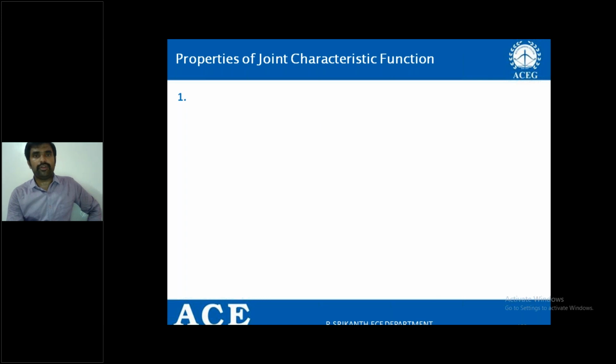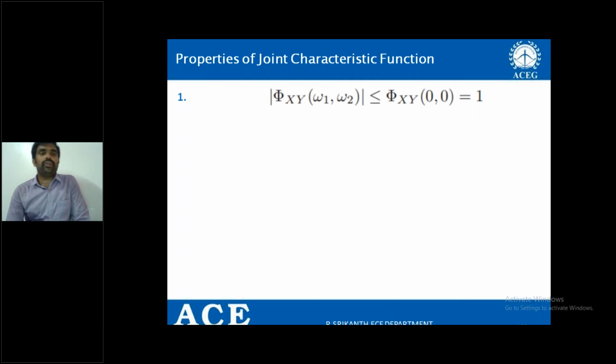Now coming to the properties, how do you define the properties? First property, same as your characteristic function. In the case of a single random variable, the characteristic function will always have its maximum value only at omega equal to 0.